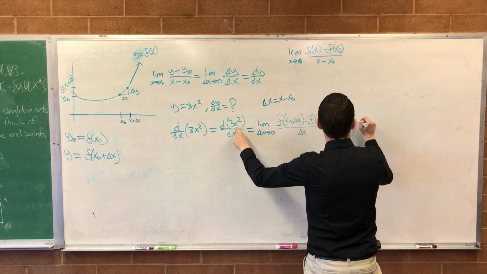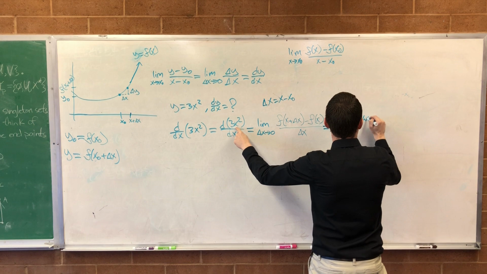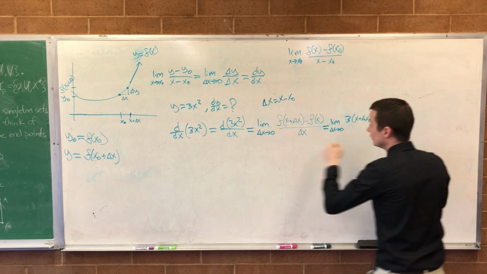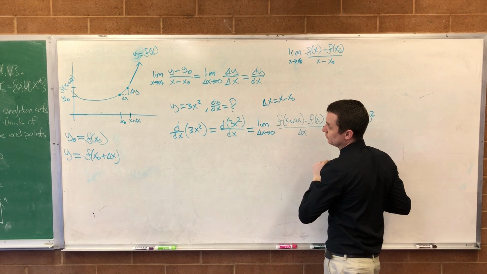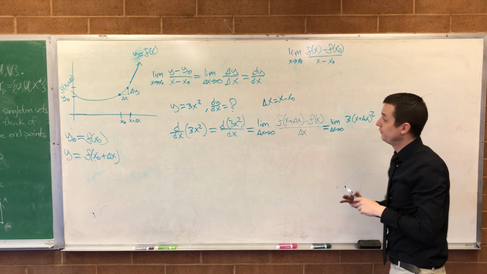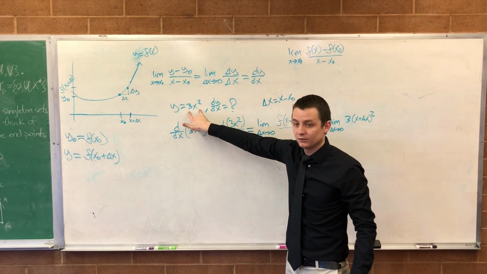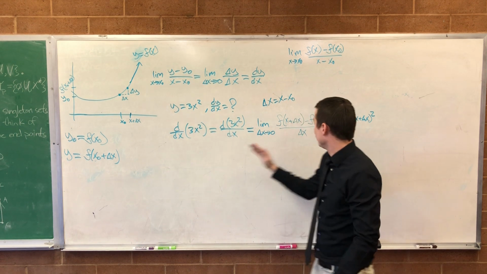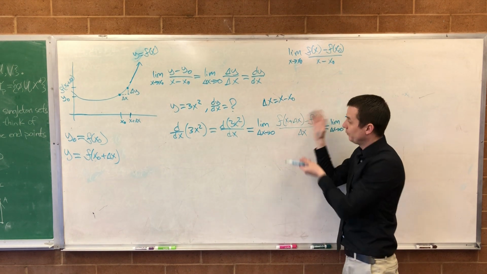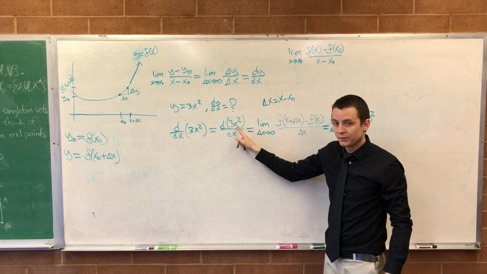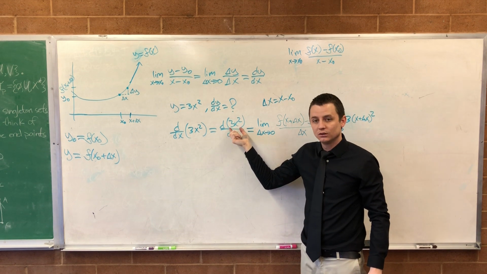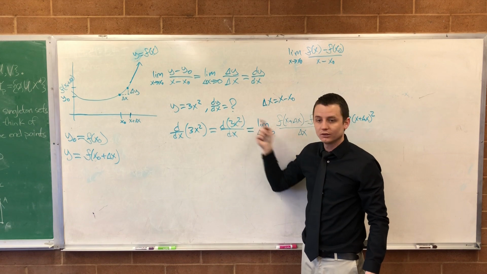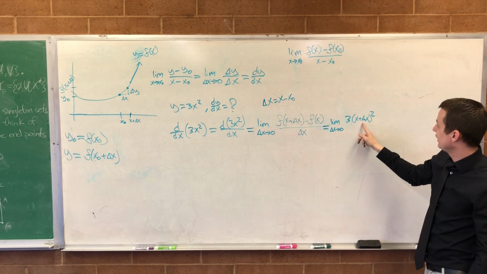Wait, that was wrong. My function is 3x squared, and this is what I'm taking the derivative of. So when I plug x plus delta x into this function, I get 3 of that thing squared.